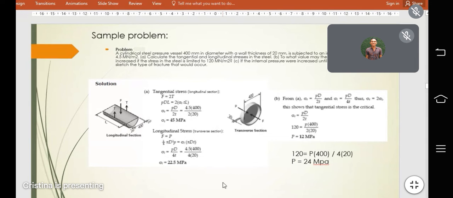So why did we use 12 MPa? I want you to explain it relating to the tangential and longitudinal stresses.